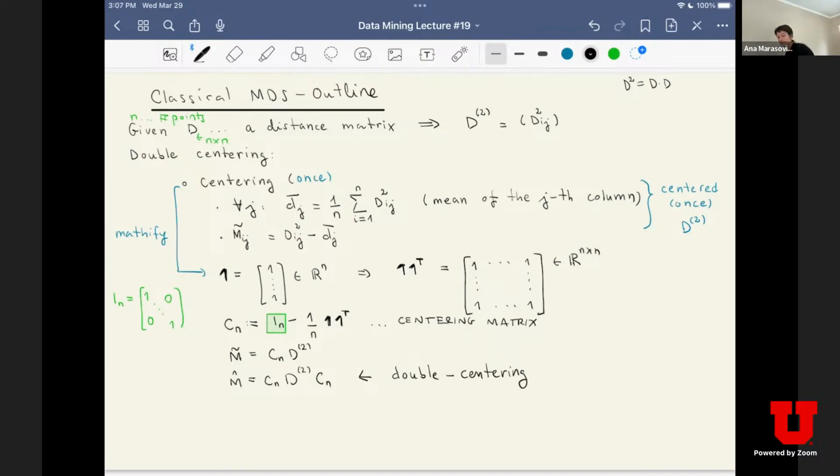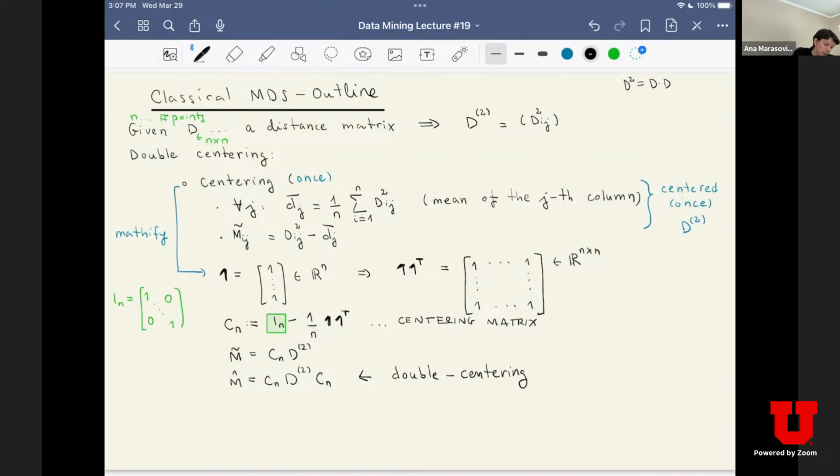And this is going to be important for our intuition of why this algorithm MDS is giving us what we want: from our distance matrix, getting points that represent the original data points, such that the distances in this low dimensional space are preserved. So this is going to be important for the derivation, and I will show you in a later slide why exactly we need this double centering.